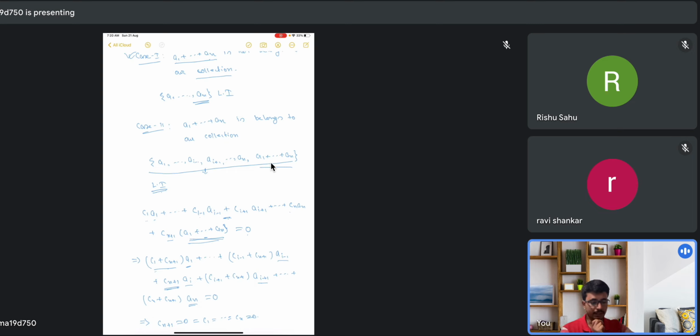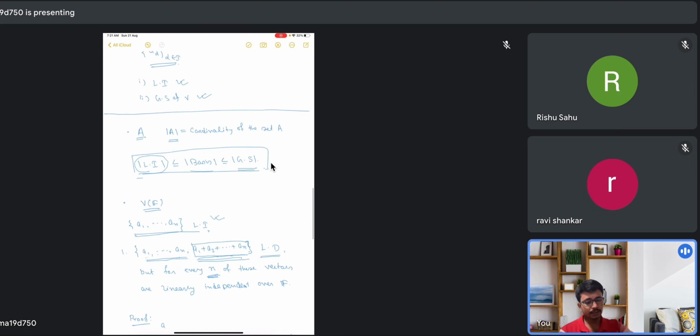This is interesting. So we will get the linear combination of A1, A2 up to An. This is your coefficient for A1, this is your coefficient for A(i-1), this is your coefficient for Ai, this is your coefficient for A(i+1), and this is your coefficient for An.